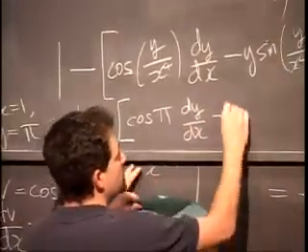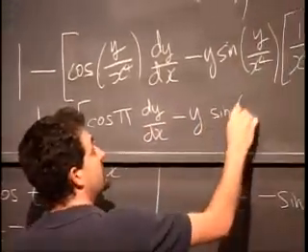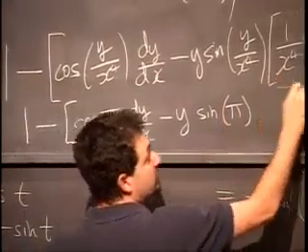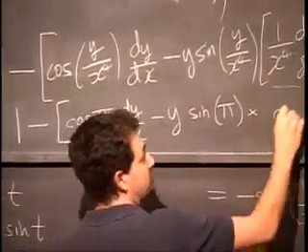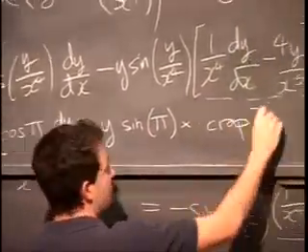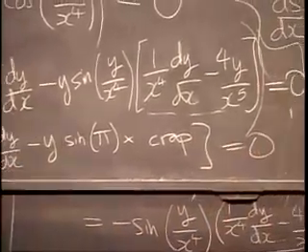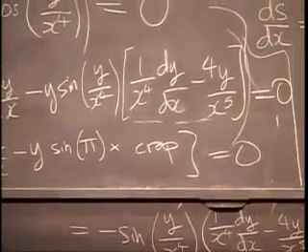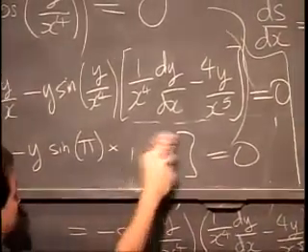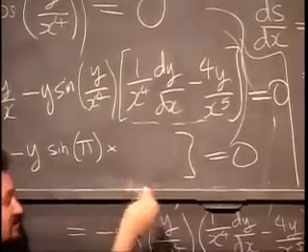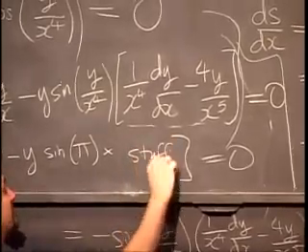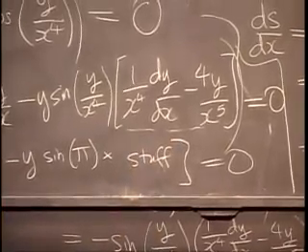I could go y sine pi times this. I don't even need to substitute in that stuff. I think so little of it that I'm even willing to write crap. Actually, you probably shouldn't do that on an exam. That's just bad. Let's just use stuff. Some people don't like this coarse language.